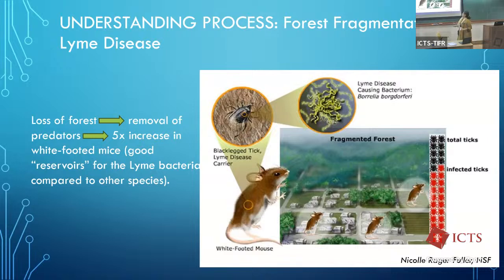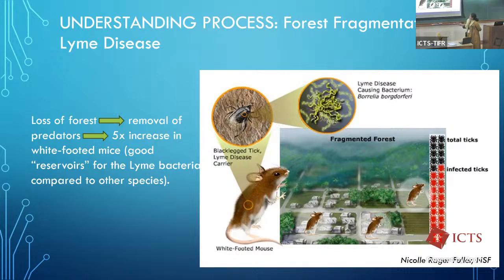Now here, researchers have found that this process of forest fragmentation is integrally linked to the spread of Lyme disease, and this is the mechanism. And the way that they came to this understanding is, again, through the use of GIS and mapping. So they looked at the loss of forest, and they found that the loss of forest was associated with the removal of predators.